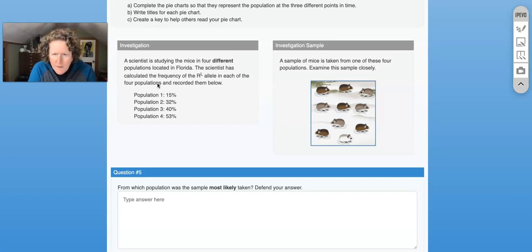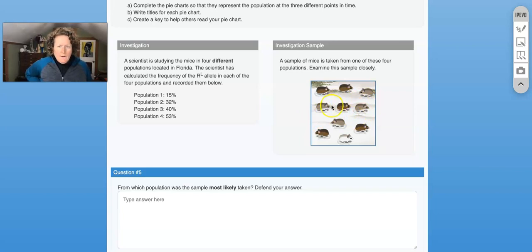Okay, so we have 1, 2, 3, 4, 5 dark mice. We have 4 medium mice, and 1 light. From what population was the sample most likely taken? Defend your answer.